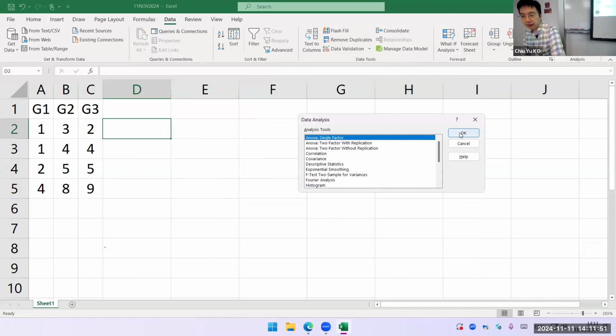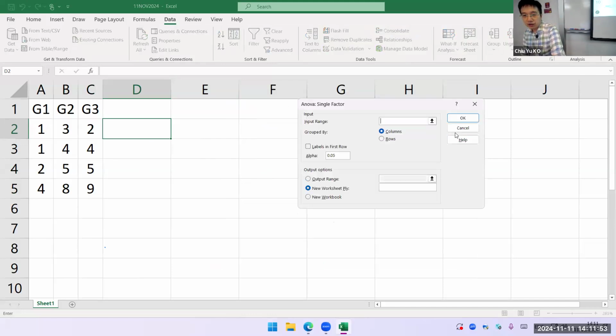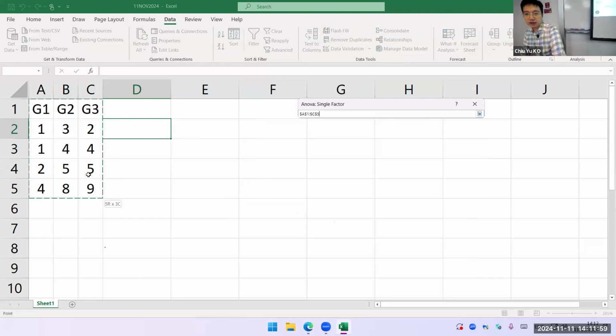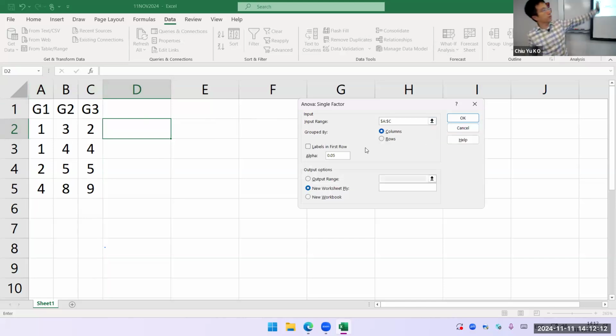And what we're going to do is tell it the input range, which is very simple. You can just highlight this, or if you don't like, highlight all the columns, it's fine. Up to you, but you just tell it what the data is. This is the easiest. Once you did that, you tell it the data is grouped by column, because this is how we do the data, not by row, and that it's labeled in the first row.